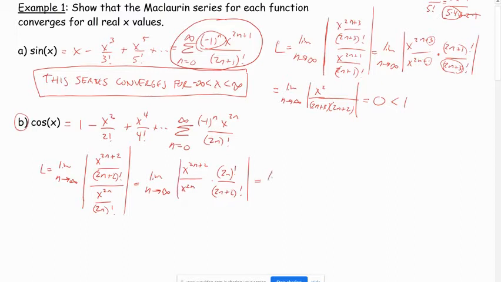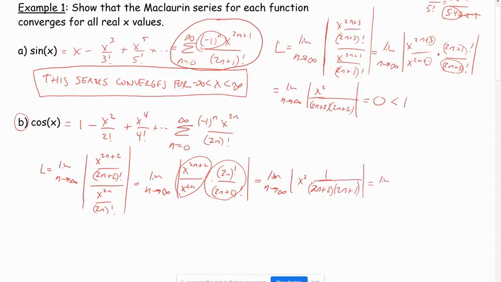And just like we saw in the previous example, if we simplify this expression, that's just x squared, because the power in the top is 2 greater than it is in the bottom. And this expression just becomes 1 over 2n plus 2 times 2n plus 1, the two biggest numbers left in the bottom that don't cancel.